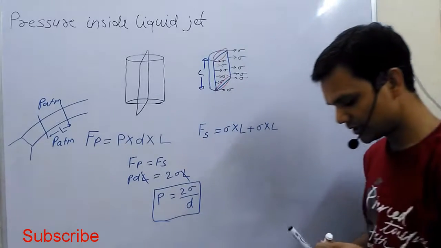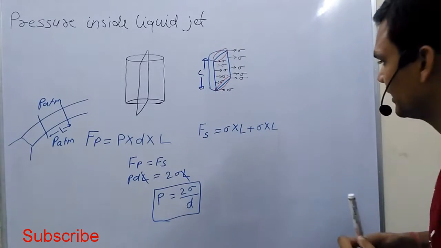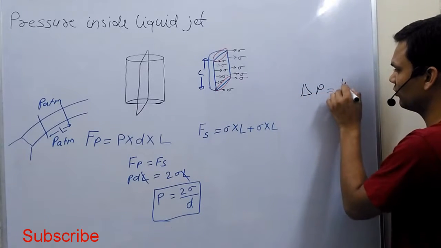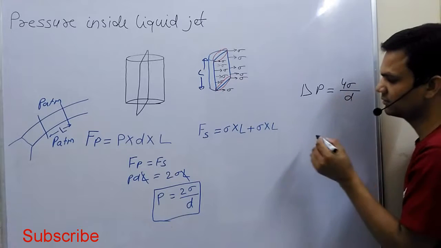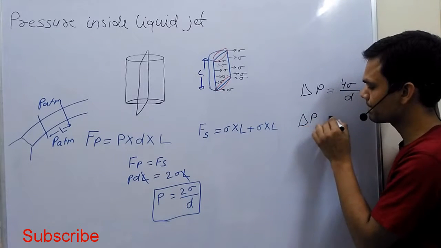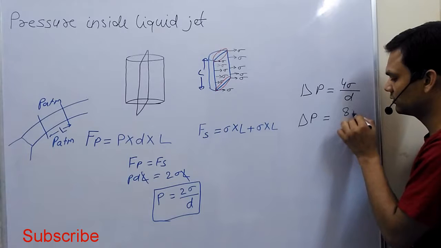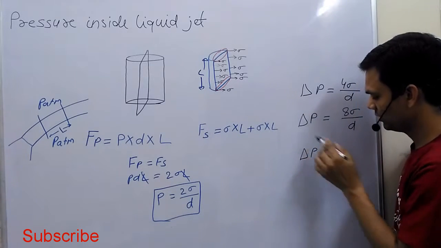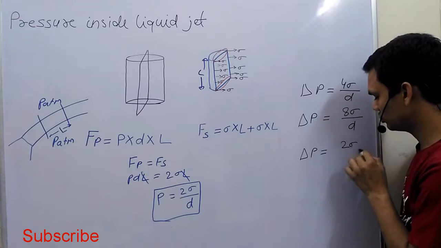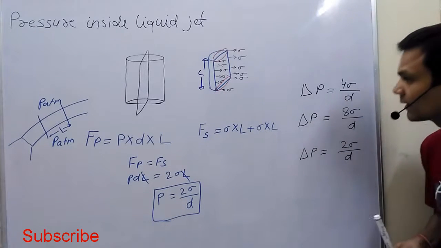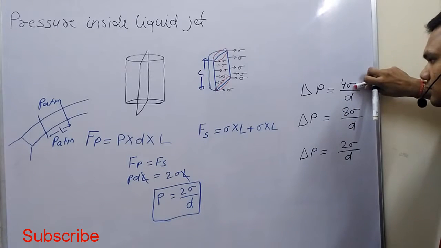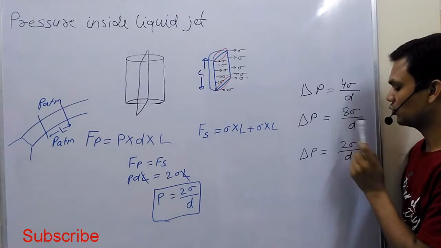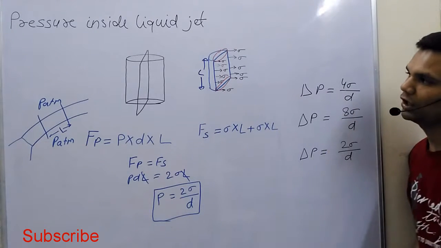Now today we studied three cases. The formula for the liquid droplet or air bubble, this formula for the soap bubble, and the formula for the liquid jet, 2 sigma by D. Liquid jet, liquid droplet, air bubble, soap bubble, liquid jet.